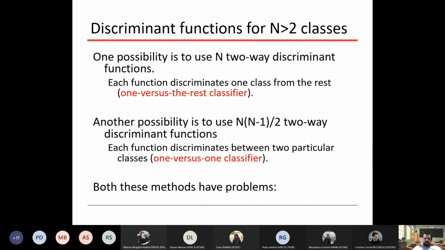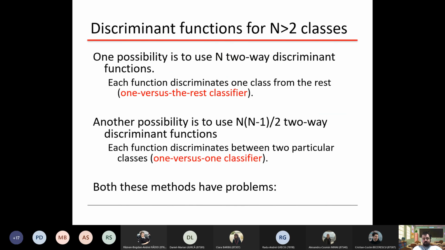Now, if we have more than two classes, we have multiple options. One possibility is to use n two-way discriminants that will tell me, look, this point belongs to class 1 or doesn't belong to class 1. This is one classifier.